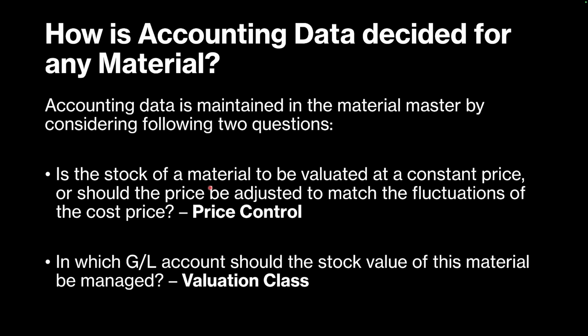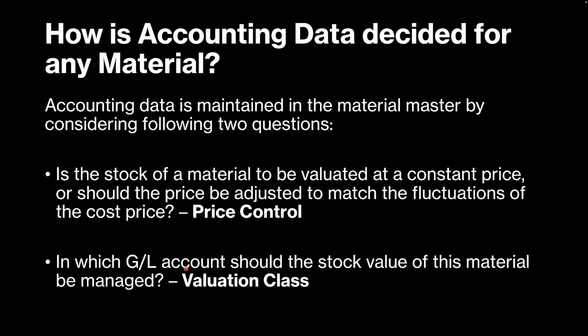Normally, for raw material, we adjust the price because we'll be purchasing the raw material from an external vendor. For finished goods, we keep this price constant, but it totally depends upon your organization's requirement for how they want to evaluate their material. Okay, so this first factor is called price control, and it is very important what price control you're deciding for each of your material types.